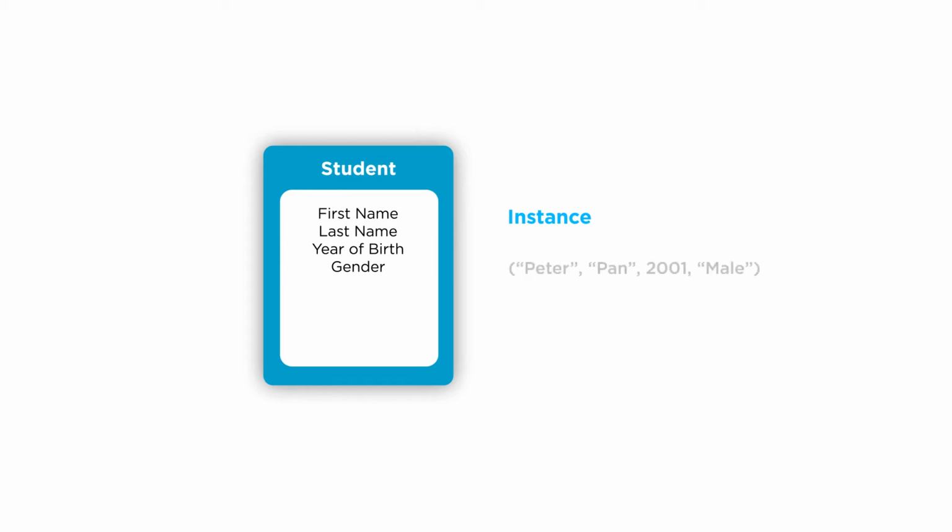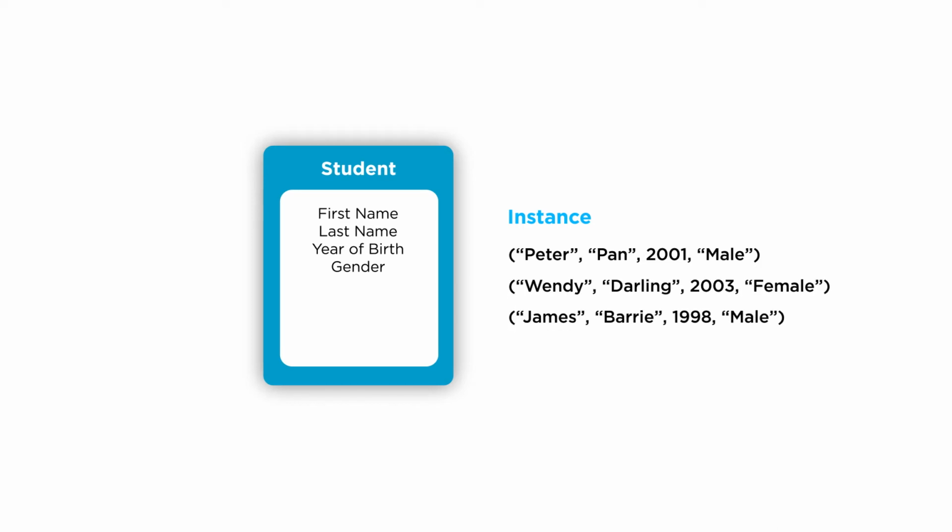So we might have, for example, an instance of a student called Peter in the first name, Pan in the last name, 2001 year of birth, and gender male. And of course, we can have many more instances of students in the database. And the key thing to remember is that for each student instance, we'll record exactly the same attributes: first name, last name, year of birth, and gender.